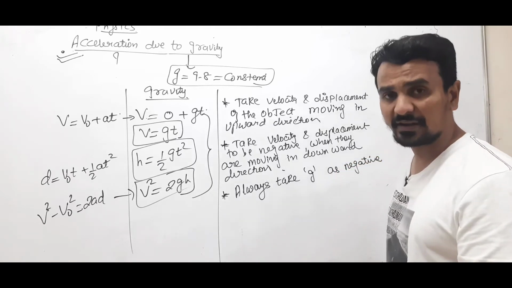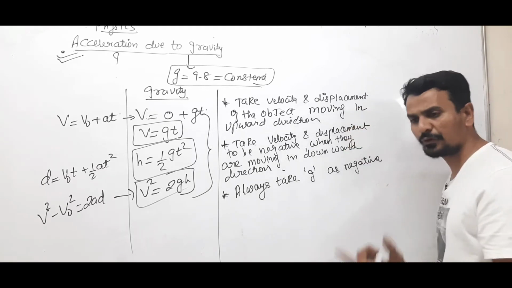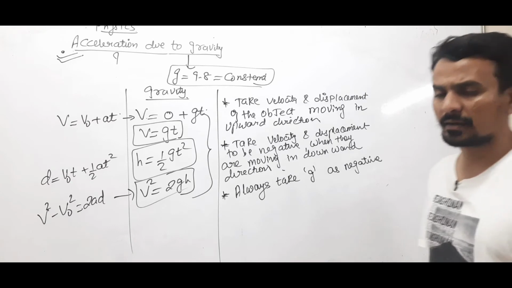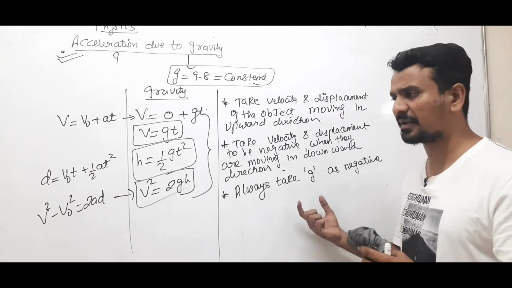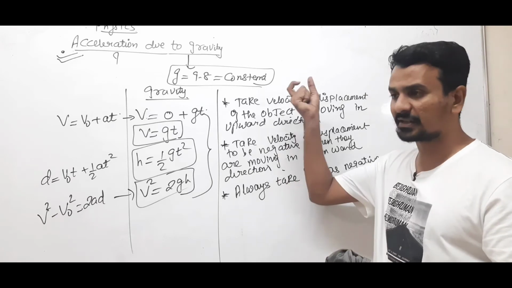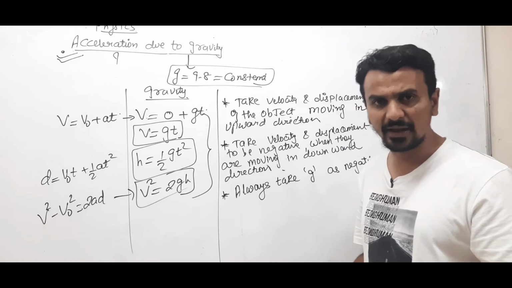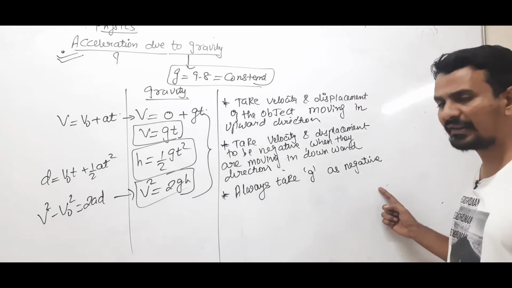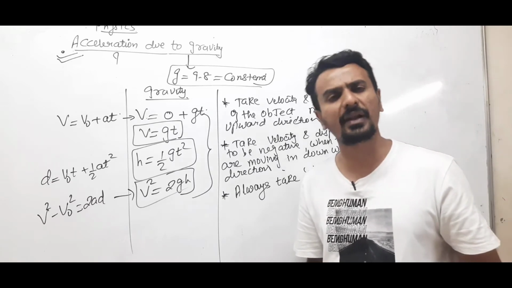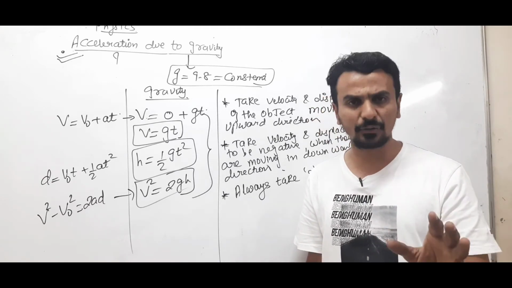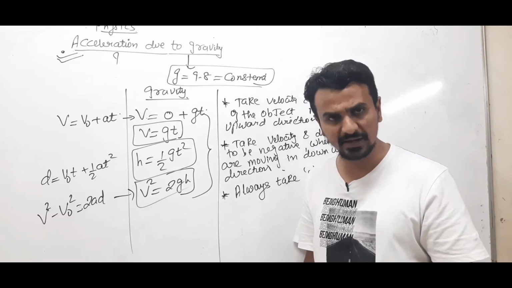It's not compulsory that you will have this rule. In a few reference books it is given that take g as positive in one direction and negative in another direction. That will also be okay, but it will be easy to remember that always take g as negative. Acceleration due to gravity, always take it as negative, whether the object is moving in upward direction or coming in downward direction.